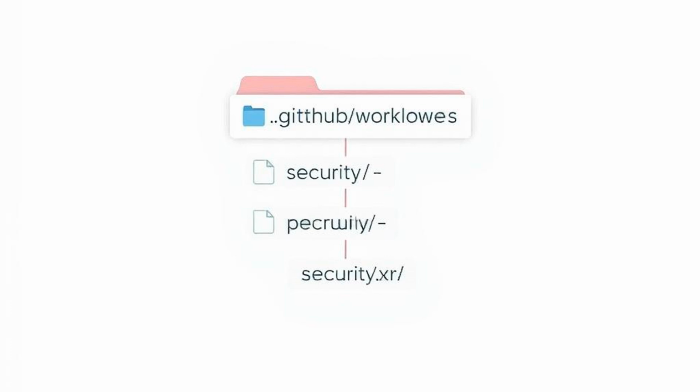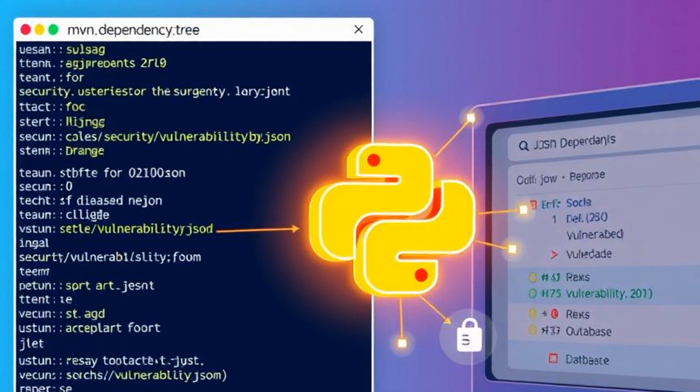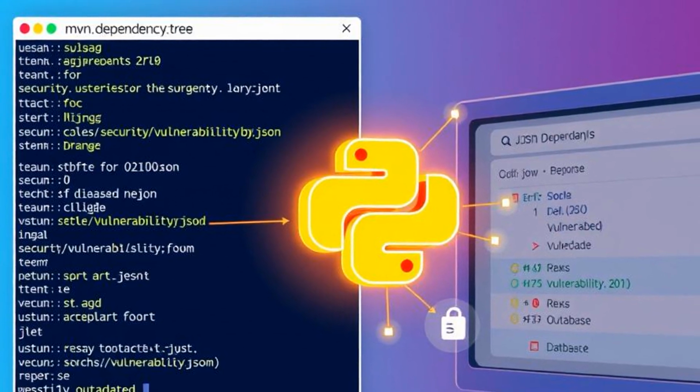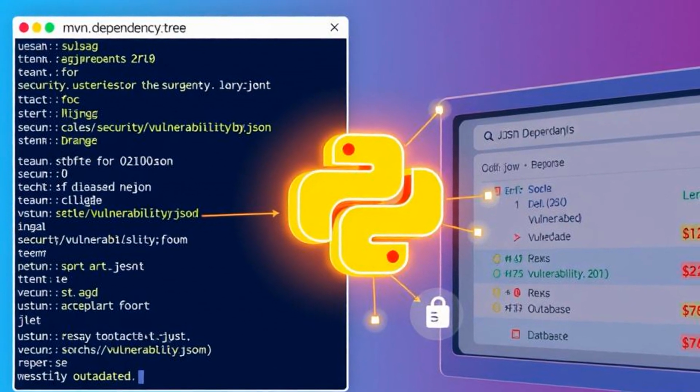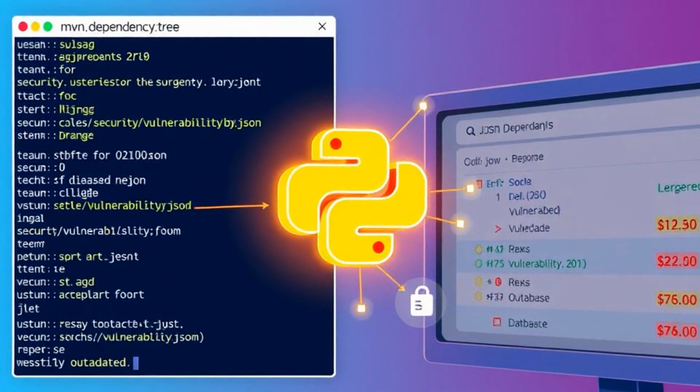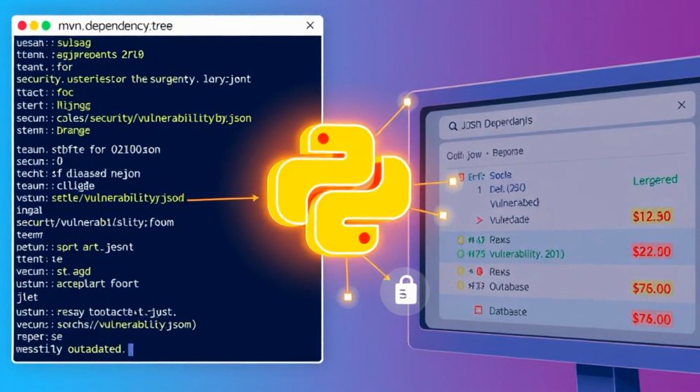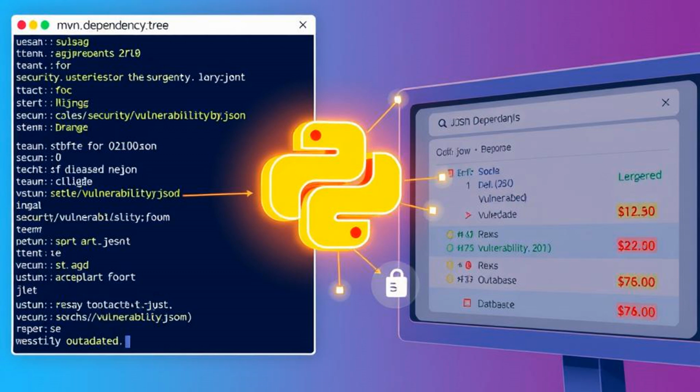Let's take a closer look at the AI DepGuard project structure itself. At its root, you'll find the .github/workflows directory, containing cicd.yml, which defines our GitHub Actions pipeline. The src/main/java path holds a simple app.java, a sample Java application that leverages some common libraries.